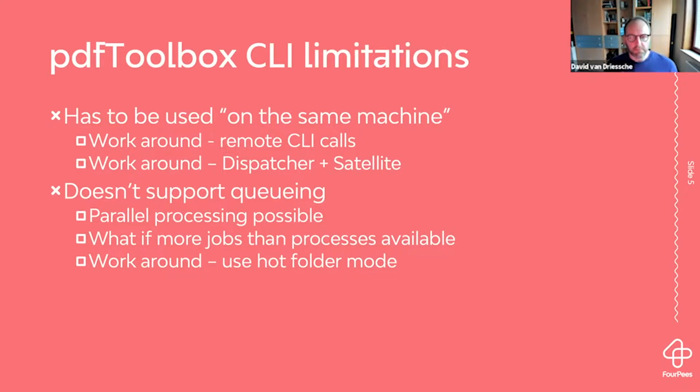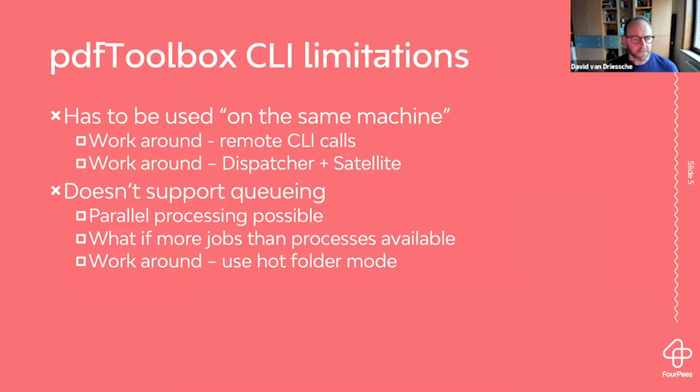And the second problem, and usually a little bit more annoying even, is that it doesn't support queuing. Of course, if you run pdfToolbox server and use hot folders, then you do have queuing. You can drop 1,000 files in an input folder, and pdfToolbox will pick them up one by one, depending on how many parallel processes you have configured.